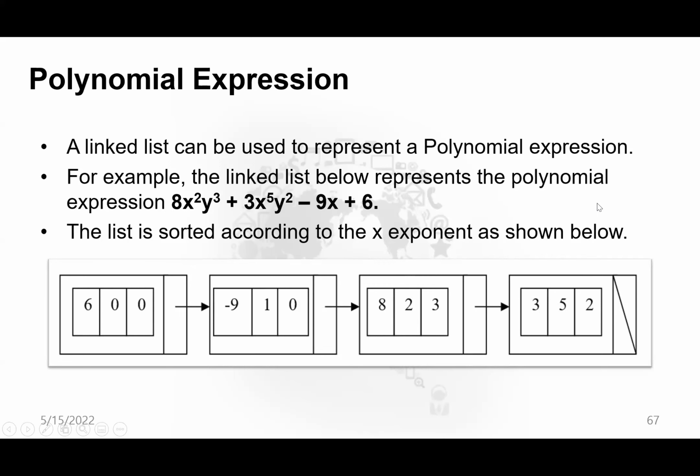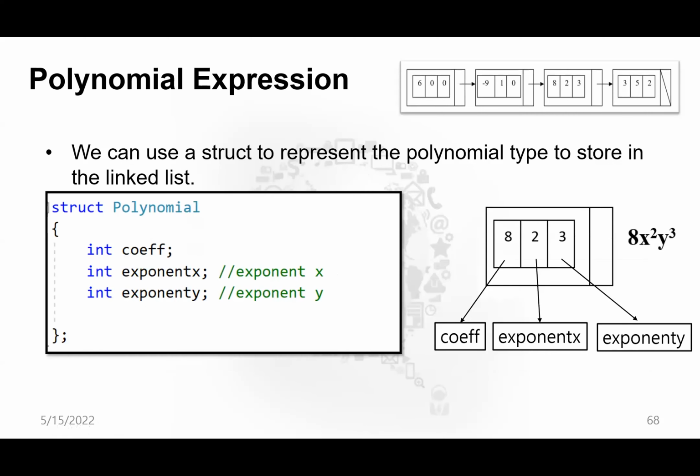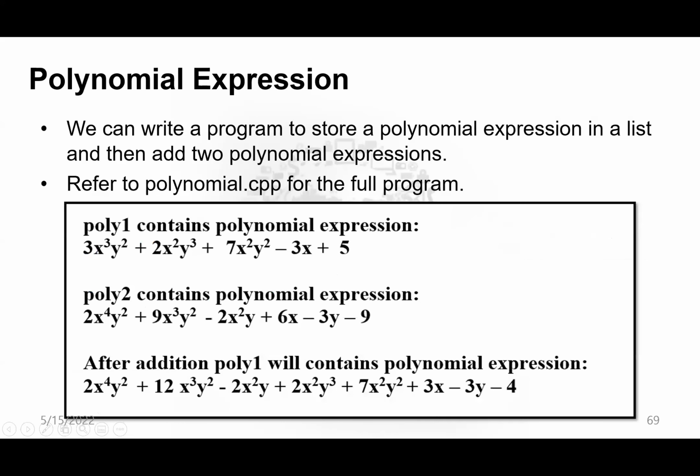Now we have this structure created so that we can use it to represent the polynomial expression. What we want to do in this program is write a program to store polynomial expressions in a linked list, and then write a function that can help us add two polynomial expressions together.